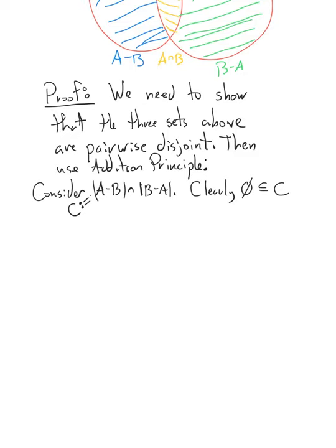So now we need to show that C is a subset of the empty set, which means that C must be the empty set. That's the only way that anything could be a subset of the empty set. So let's go ahead and do it. So we're going to pick an x in C, and we're going to show that it just can't exist.